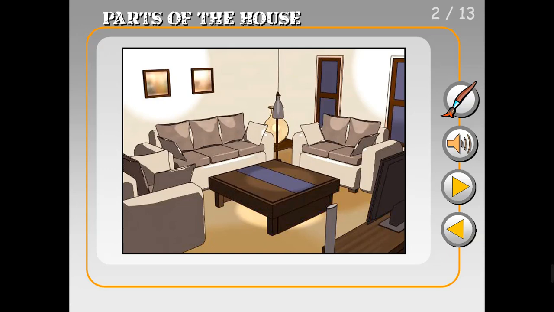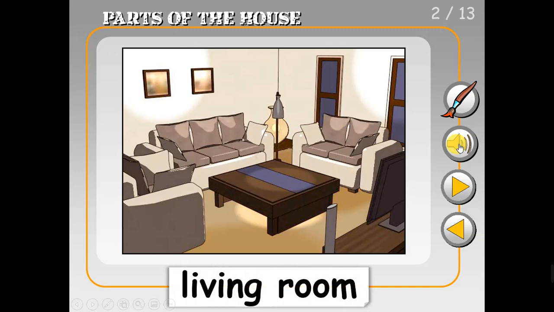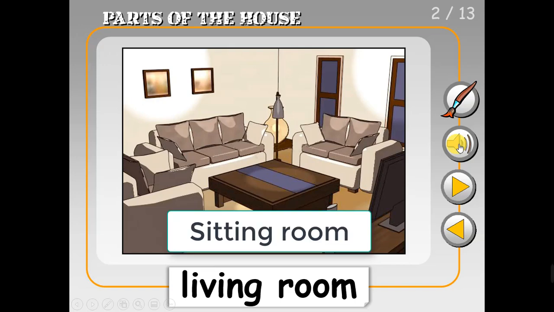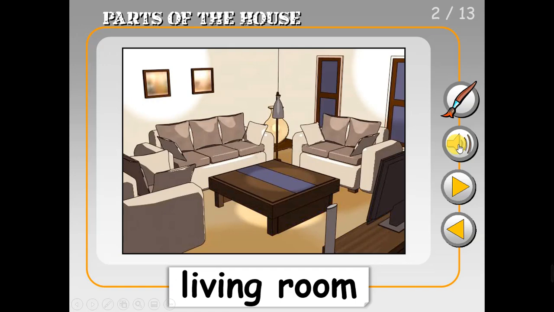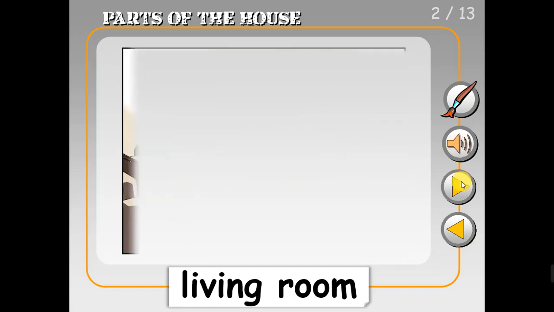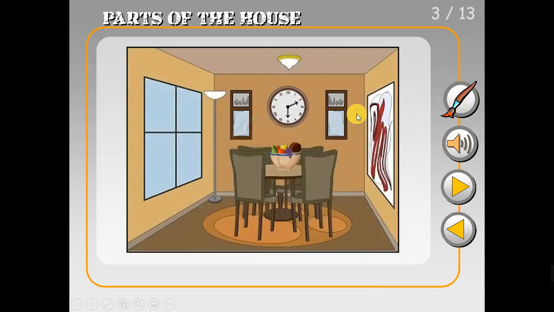This place is where we sit with our family, and this room is called the living room. We call it the living room or the sitting room because we sit in it with our friends or with our family. The next room is the following.